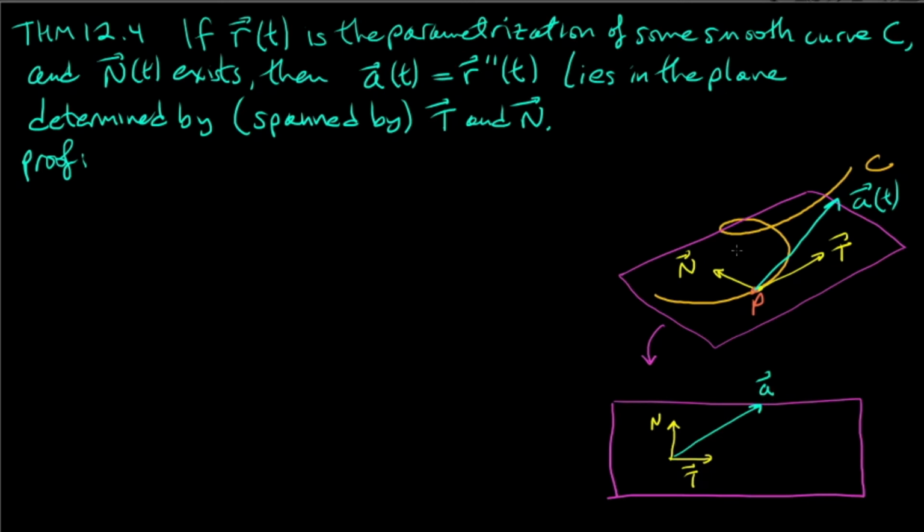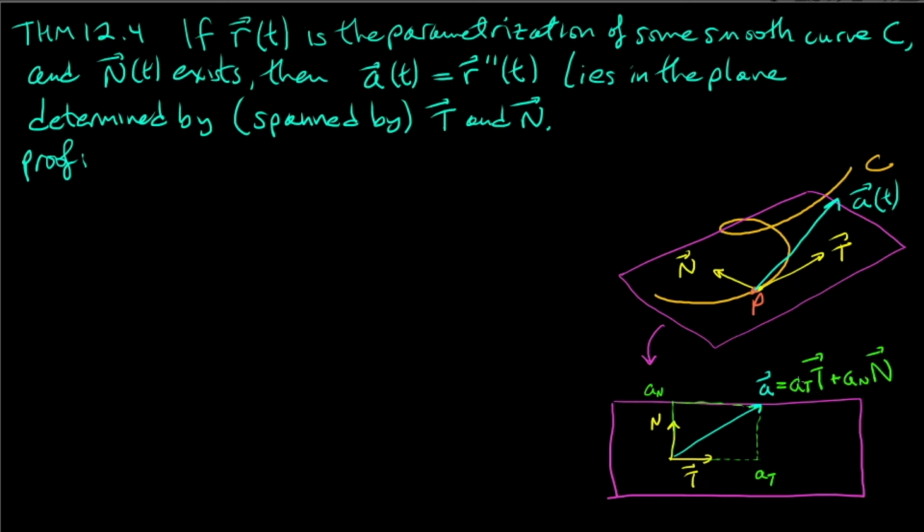And what that means is that we can find a as a linear combination of T and N. So we can take the dot product with T, and you get something called little a_T here. And you can take the dot product with N, and you get something called little a_N. These are just the usual components. So you can write a as a_T times the vector T plus a_N times the vector N.